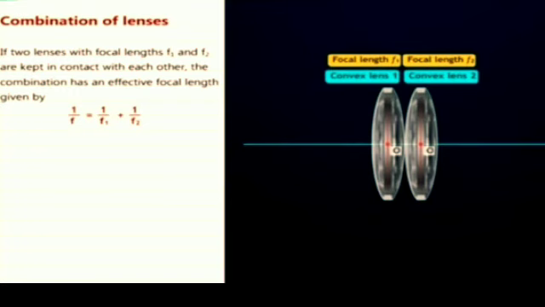If the powers of the two lenses are P1 and P2, then the effective power of their combination is P = P1 + P2. Thus, when two lenses are kept touching each other, the power of the combined lens is equal to the sum of their individual powers.